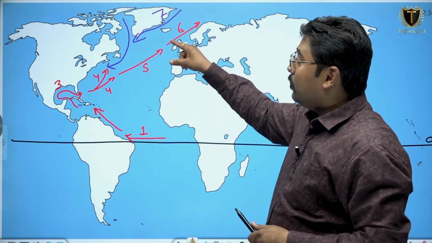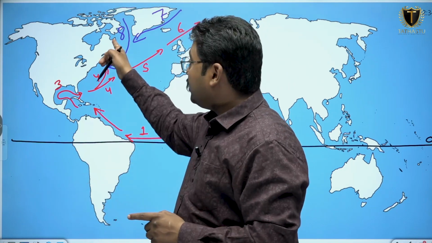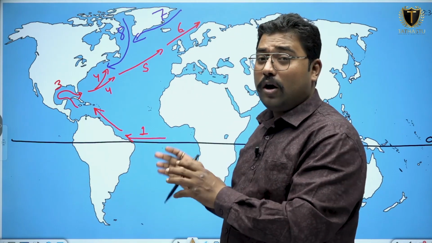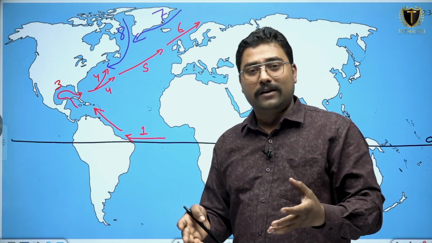Now let's see their effect on shipping and fishing industry both. Due to the cold Labrador current, first thing, the northeastern coast of Canada is frozen throughout the year, or simply you can say during winter season. Why? Because they make the water chilled and it freezes.